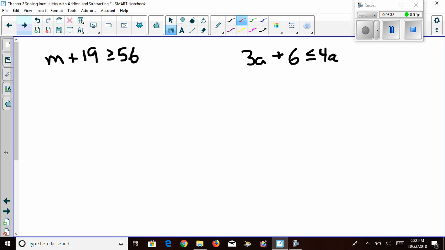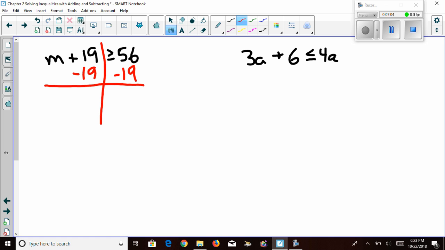Starting with m plus 19 is greater than or equal to 56. For those of you that need to, I'm going to split this down so I have 2 sides. I'm going to start with the m plus 19. In order to move that 19 to the other side, I use the opposite of addition, so I subtract, and I subtract.